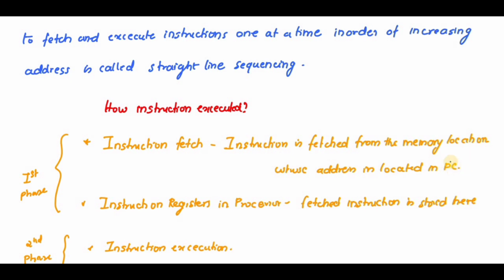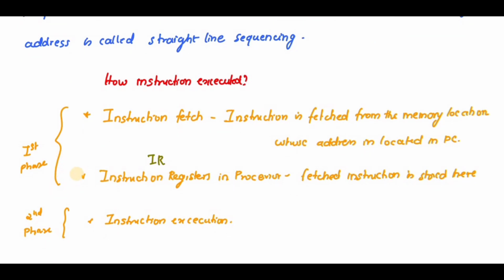Once the instruction gets fetched, it goes to the instruction register in the processor. This is called IR. The fetched instruction is stored in the instruction register. So this is called the first phase. The second phase is instruction execution. Whatever the instruction is, it will get executed.